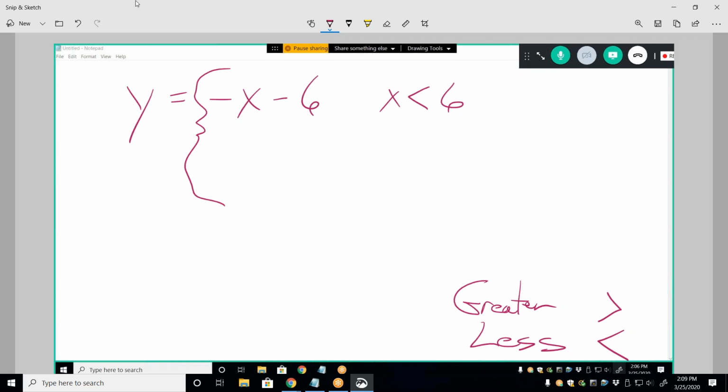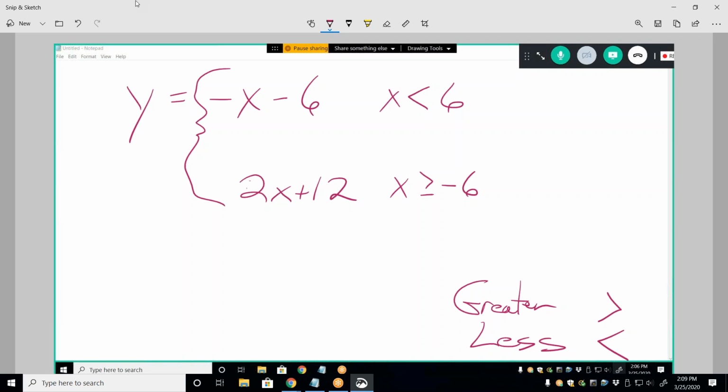Like that. Like this. Okay, that leaves an area between -6 and 6, where y is equal to something else.